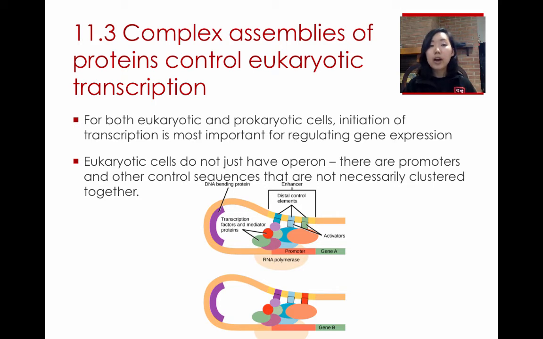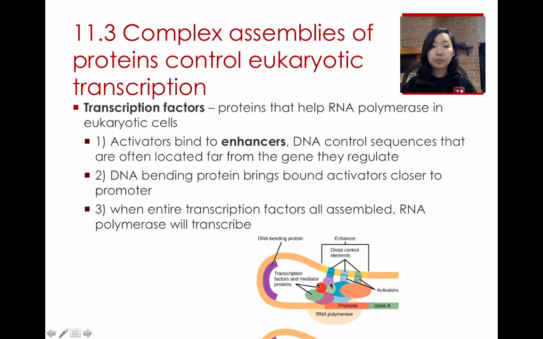For eukaryotes, you have a lot of other sequences of DNA that can control the expression of genes, and these different sequences may not be near the actual gene that codes for a protein. For example, you can have something called enhancers, which are segments of DNA that are located far away from the actual gene itself that codes for the protein. And activators bind to these enhancers, and that's what helps transcription to occur.